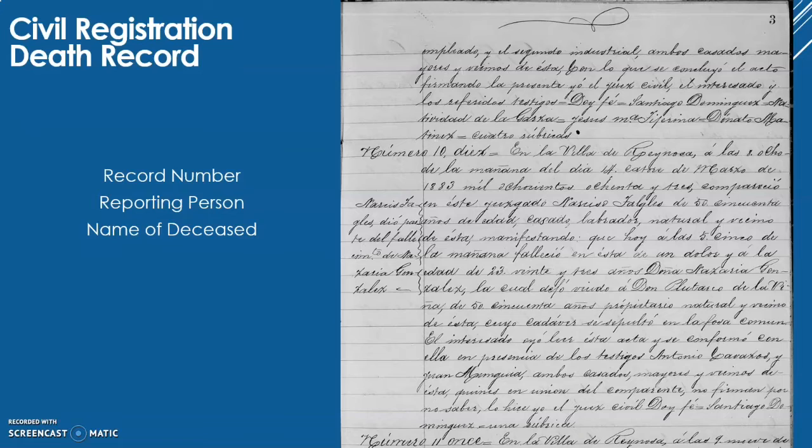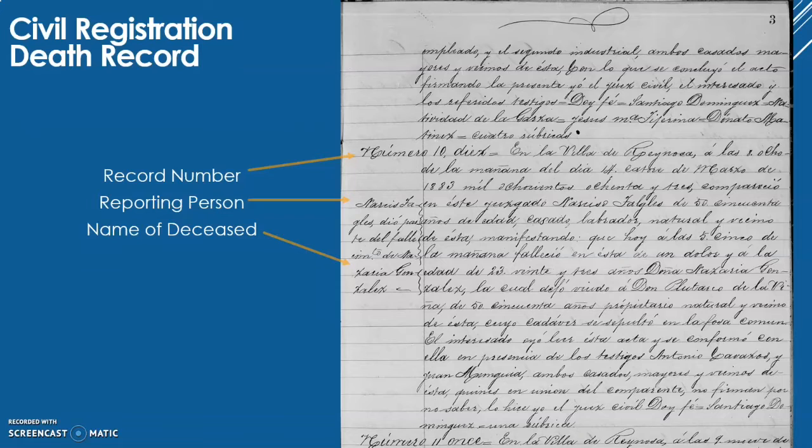Now that was 1985, now we're looking at an 1883 death certificate. This is a civil registration death record. You have the record number, which is number 10. The reporting person, this is the declarant, the one reporting the death, and the name of the deceased.